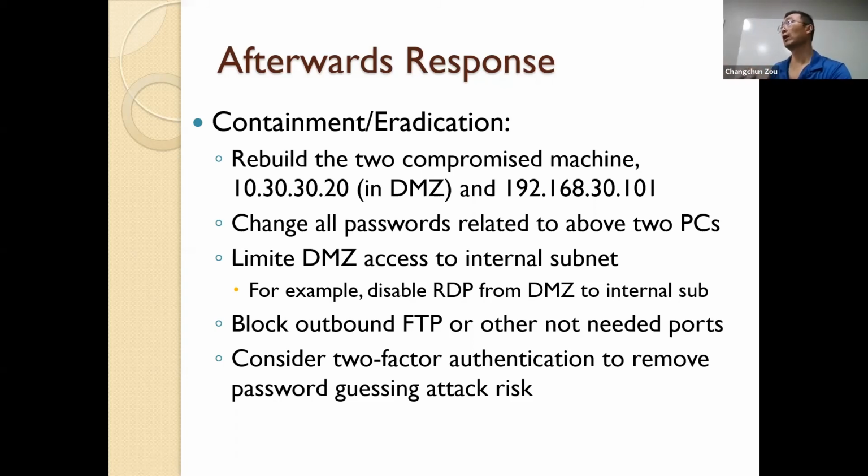Then the attacker can run offline password cracking to find passwords for other accounts, because a computer may have many users' accounts on it. The attacker right now knows Bob's password, but may use this password file to figure out some other users' passwords. So all the users of these two computers need to change their passwords.